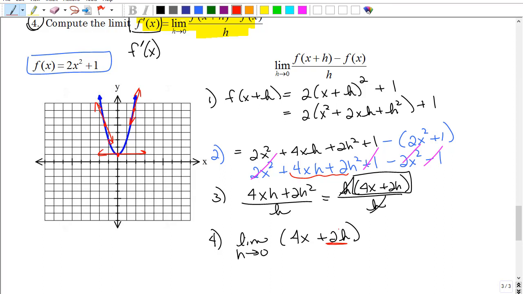As h gets closer to 0, this is going to approach 0. And so my answer is 4x. This x is a variable. And that makes sense because depending on where I draw that tangent line, my slope is going to vary. Ergo, that's why the derivative does have that x involved.